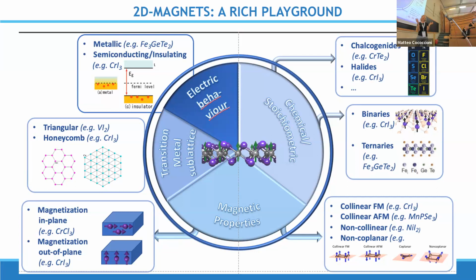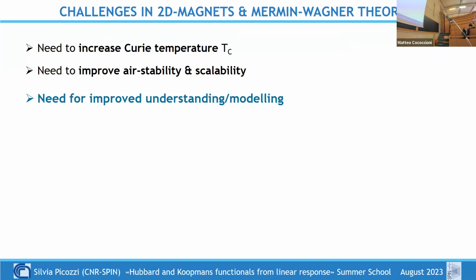Some of them have triangular lattice, honeycomb lattice, orthorhombic. So from the structural point of view, they are kind of curious. And of course, they are interesting from the magnetism point of view. You can have them collinear, non-collinear, ferromagnets, antiferromagnets, with easy axis in the plane, out of the plane. So they show some variety that, of course, it's interesting to look at.